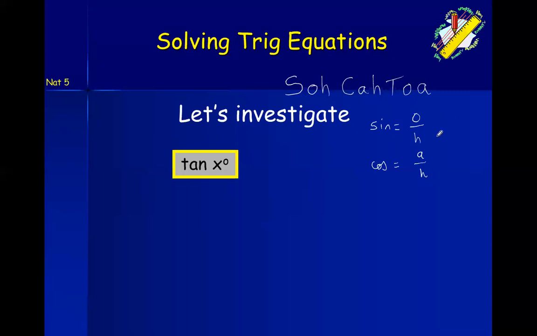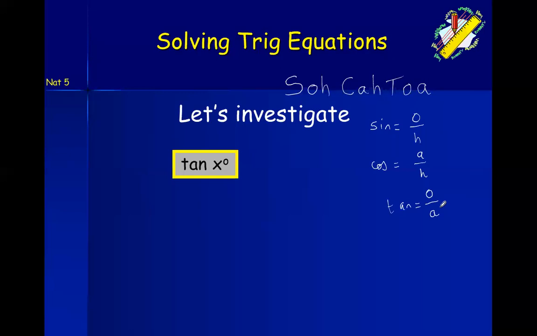And what did we say tan was again? O, the opposite, divided by A. When you've got a fraction, an equivalent fraction would be you times the top by a number and you times the bottom by a number, and you get the same fraction. So if you got 1/2, you can do 2/4.